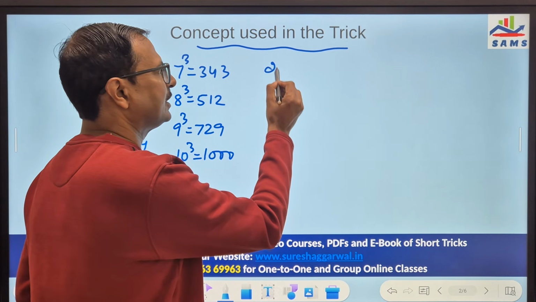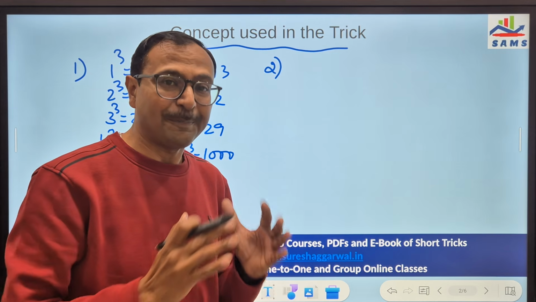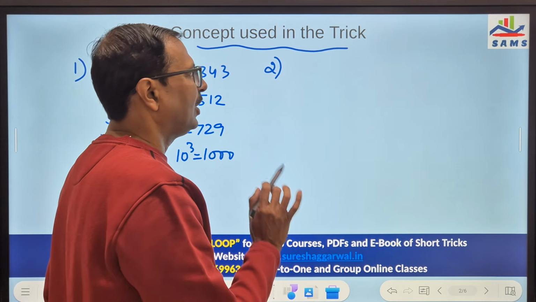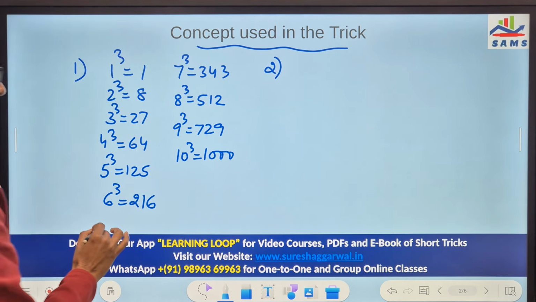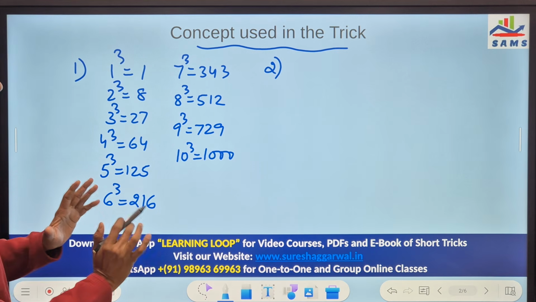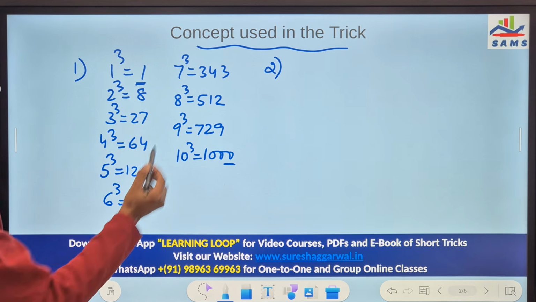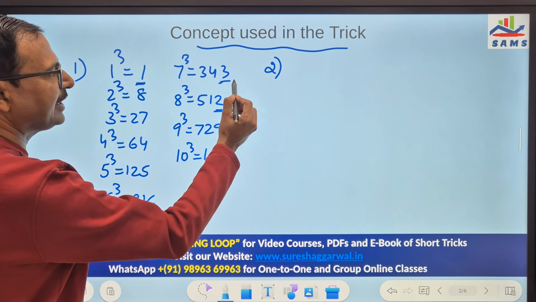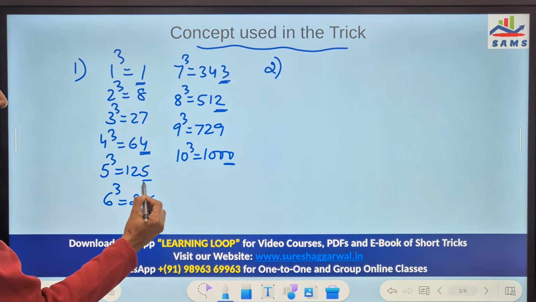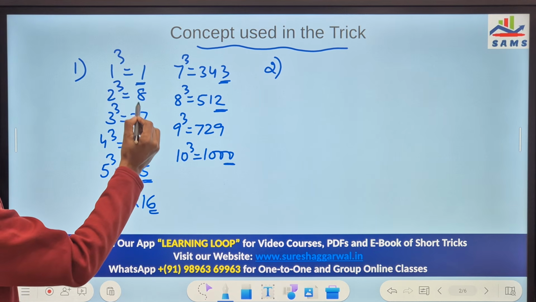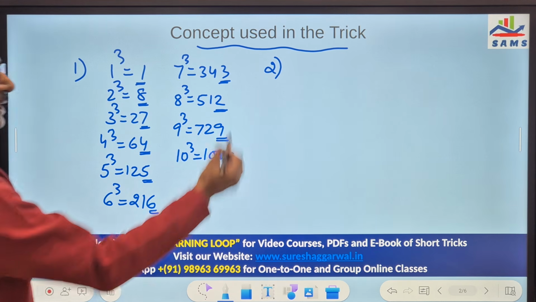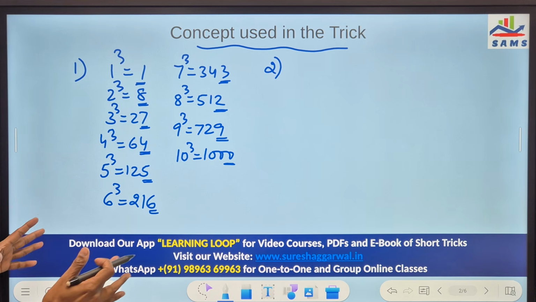The second concept, the unit digit of a perfect cube number. See, all these cubes are ending with a unique digit. This ends in 0, this ends in 1, this ends in 2, here we have 3, 4, 5, 6, 7, 8, 9. See, no digit repeats itself.